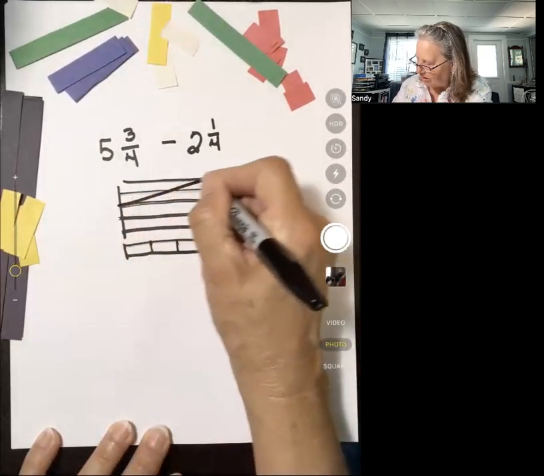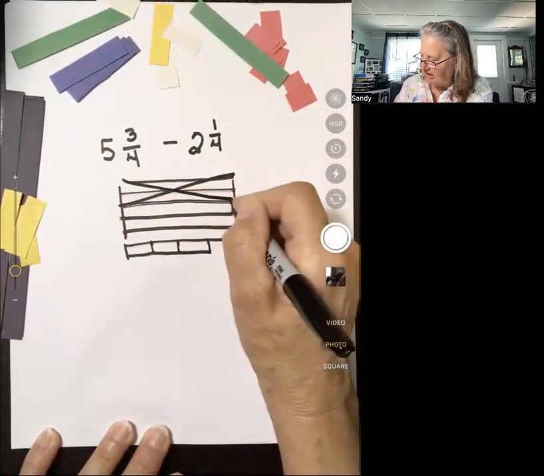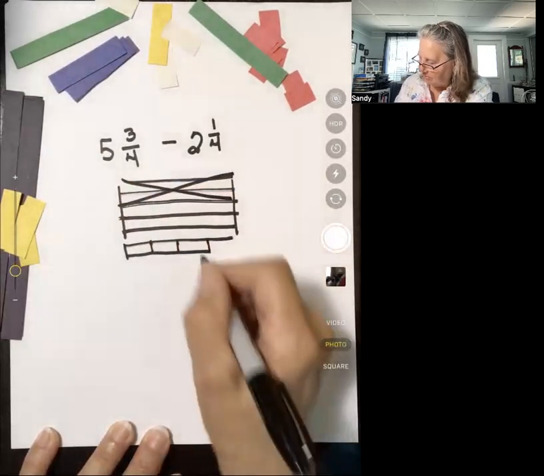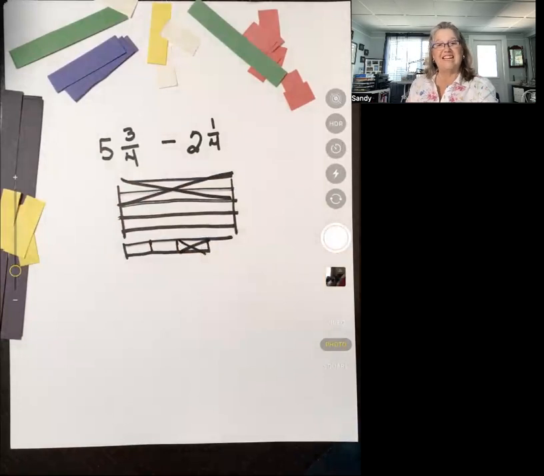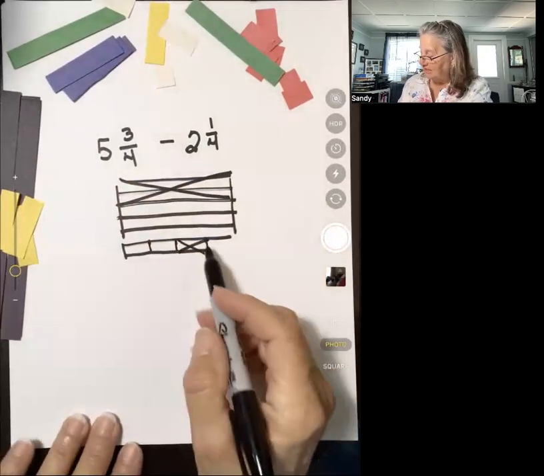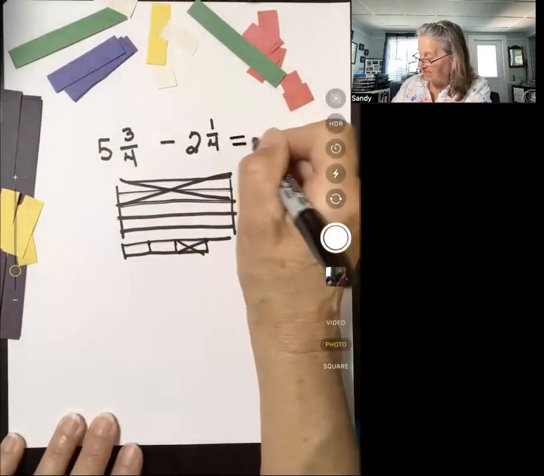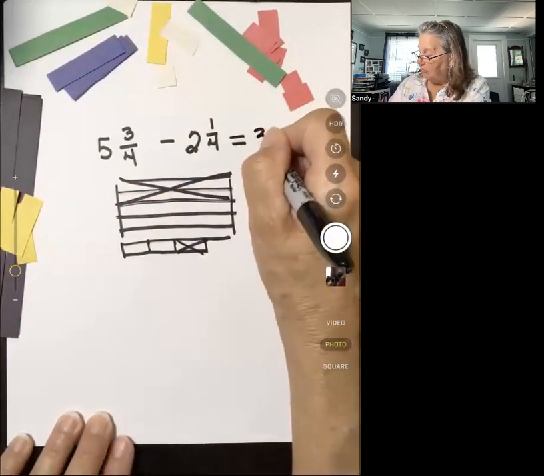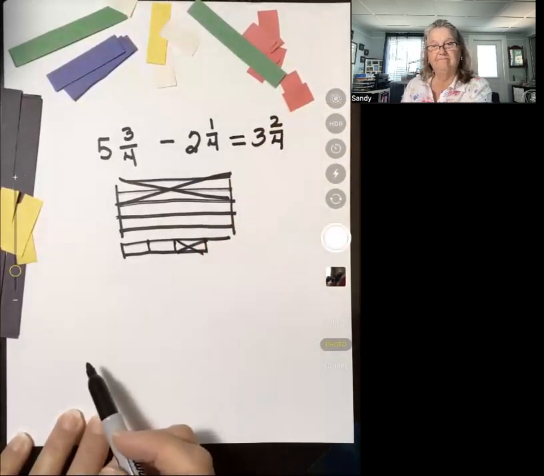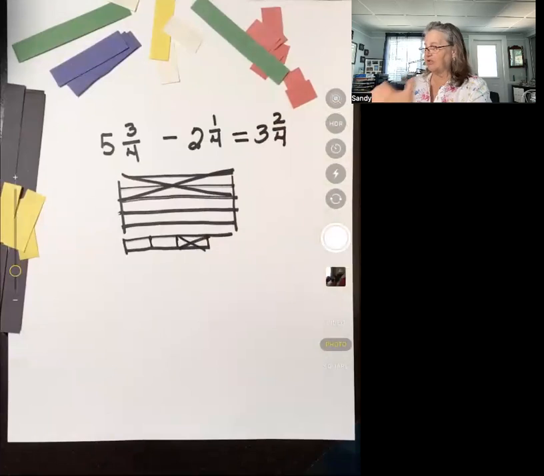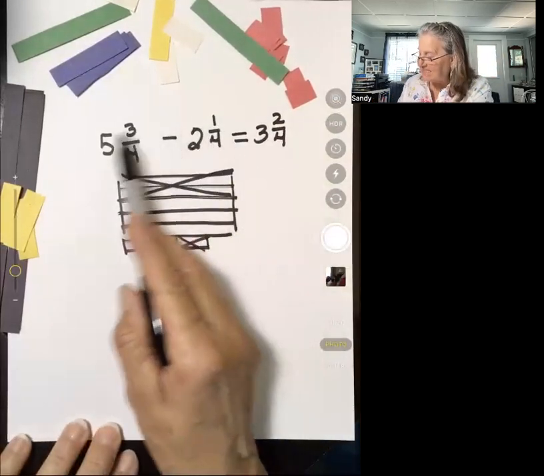It doesn't matter which 2 of the holes. I can remove any 2 of them. And I'm going to remove 1 of the 1/4 pieces. I'm going to remove like size pieces. Okay, so I can remove like size pieces. And in this case, I'm going to end up with 3 2 1/4 pieces left over. Okay, those problems are simple because we have enough of the units, and I have like size units.